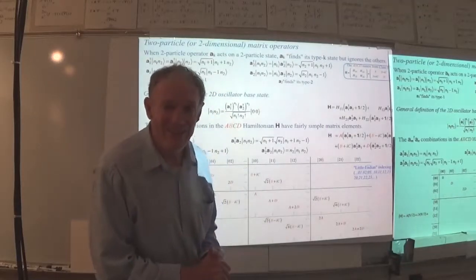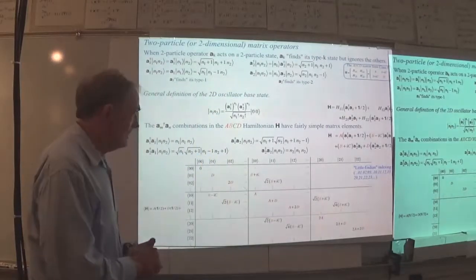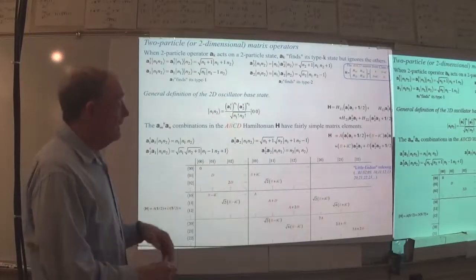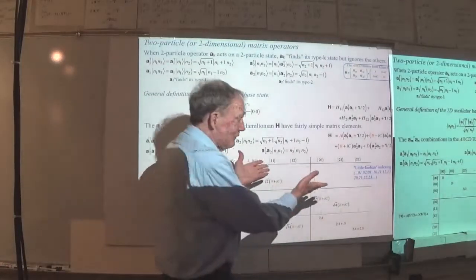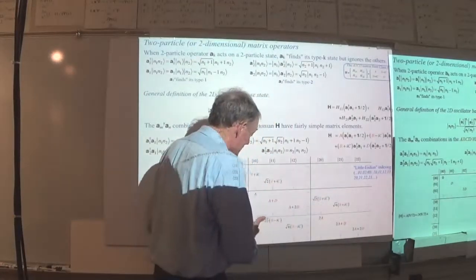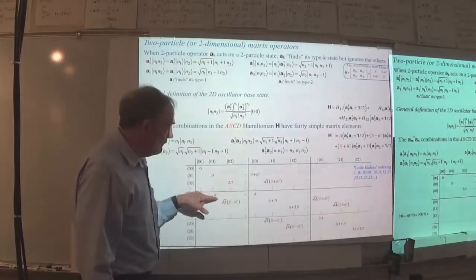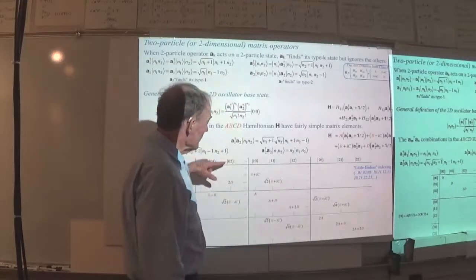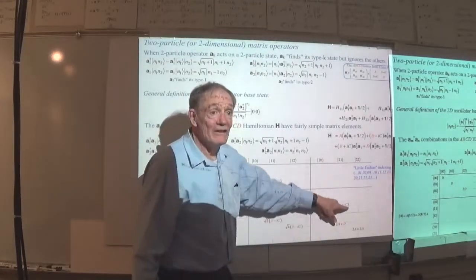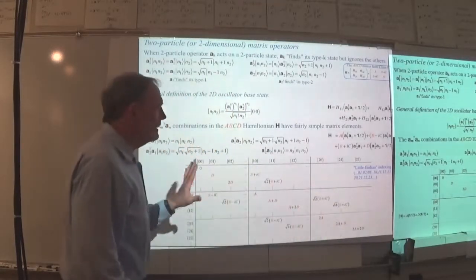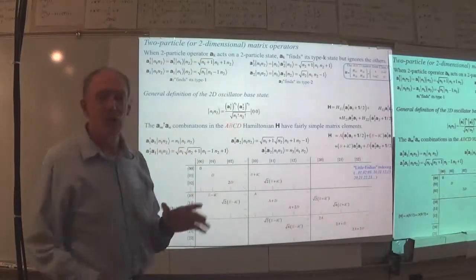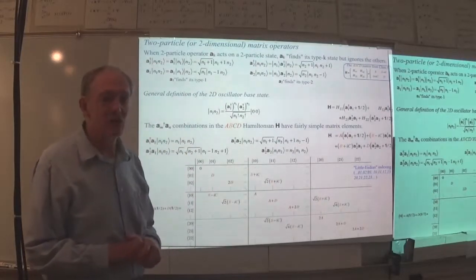But in this case, this matrix is not diagonal in this basis. It's mostly zeros. All of this stuff here, the little dots, there's nothing off of this super diagonal. There's nothing off of this super diagonal, you see. But we can clean this up in a very important way, and that's what we have to do next.